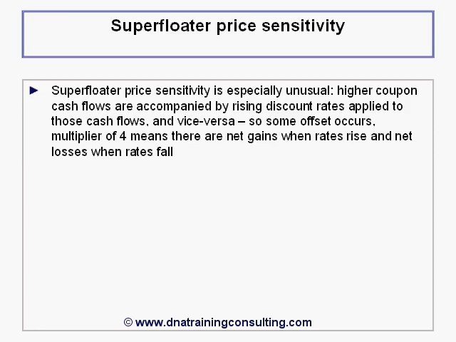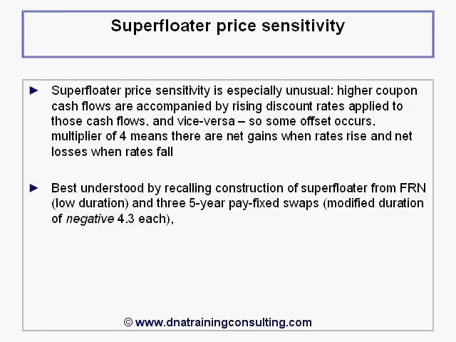The easiest way to see this without building a very elaborate spreadsheet is to recall that we built the superfloater by adding together a regular FRN and 3 5-year interest rate swaps under which the investor is paying fixed.